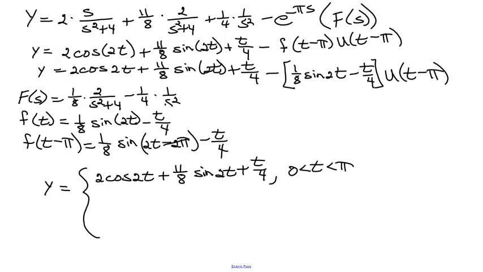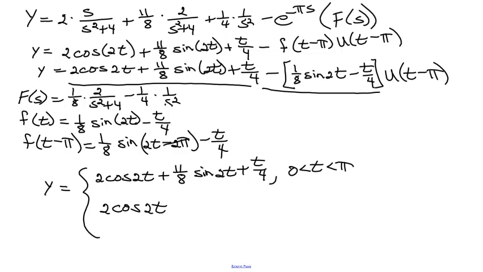Now to find the second piece, we have to do all of this plus, or in this case, minus the change. So we have 2 cosine 2t, that's not going anywhere, that's still going to be there. And then we have plus 11/8 sine 2t, but we're going to subtract 1/8 sine 2t.